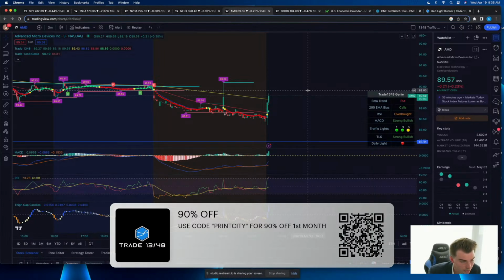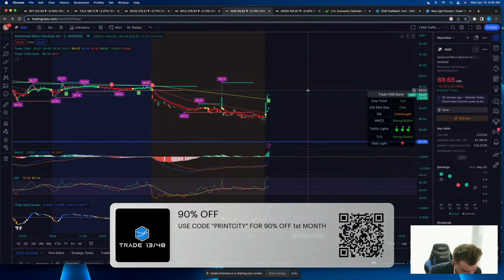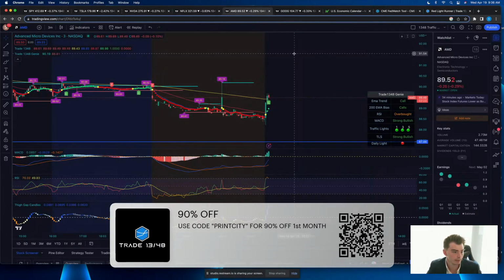Let's see. AMD looks interesting here. Let's see what it wants to do. Made two Tesla contracts free. There you go. Let's see what AMD wants to do here.